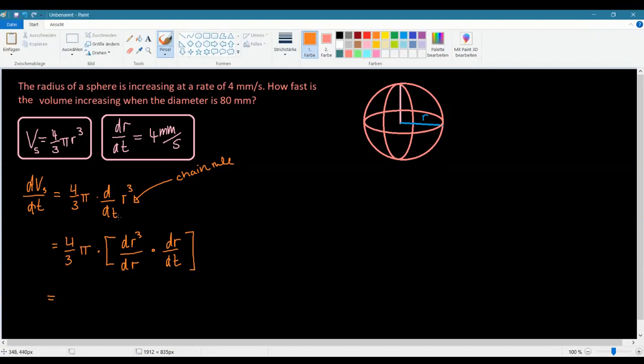The variable mismatch is t and r. So if we have r cubed, and that's a composite function, and we're differentiating with respect to t, then this is t cubed composed with r, which is r cubed. So when we're doing that, we're going to do 3t squared, except that we're going to substitute r.